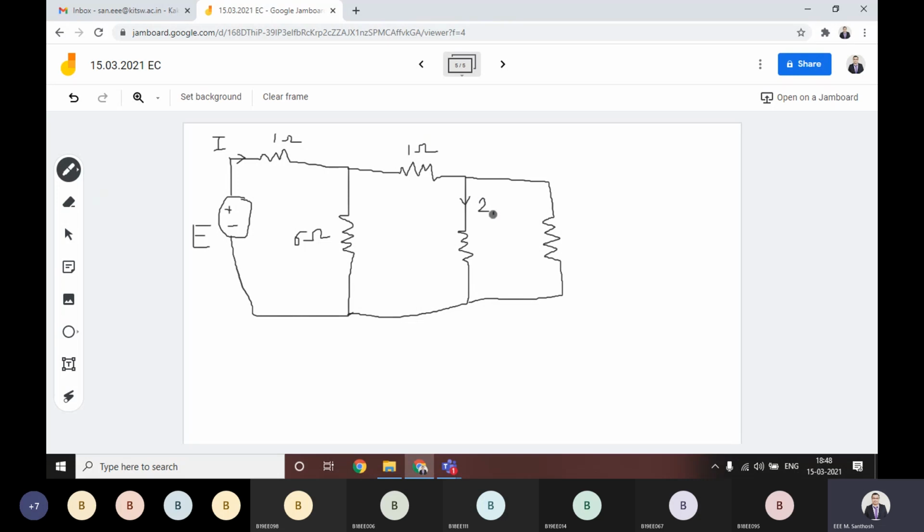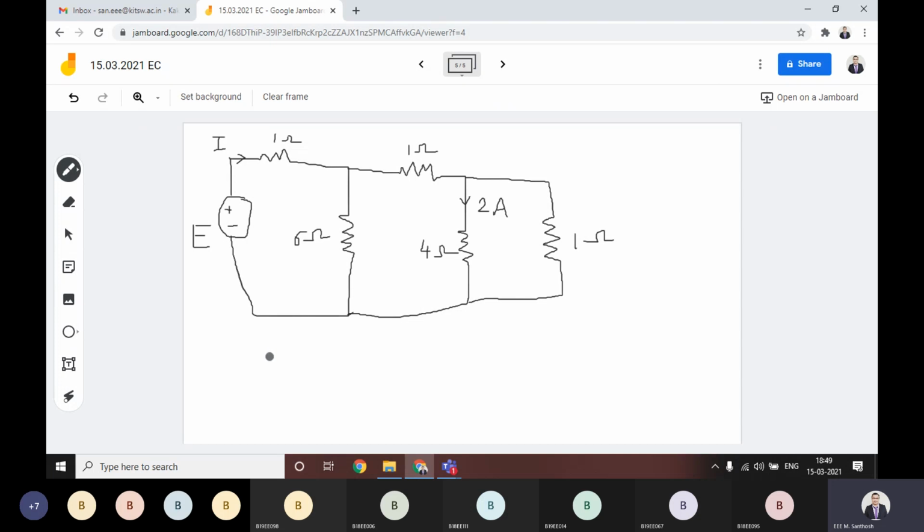Then the current flow here is equal to 2 amperes, and this resistance is 4 ohm, and this is 1 ohm. Then write your question.